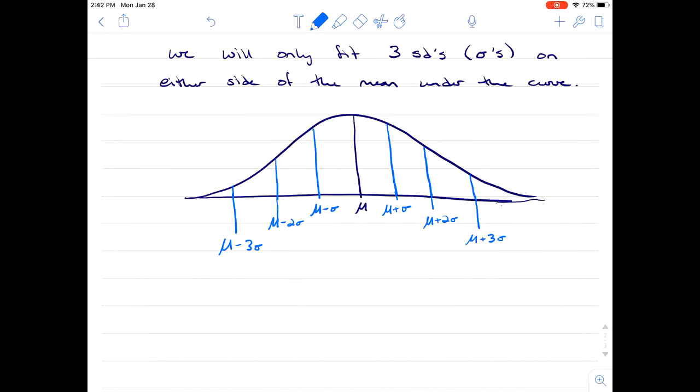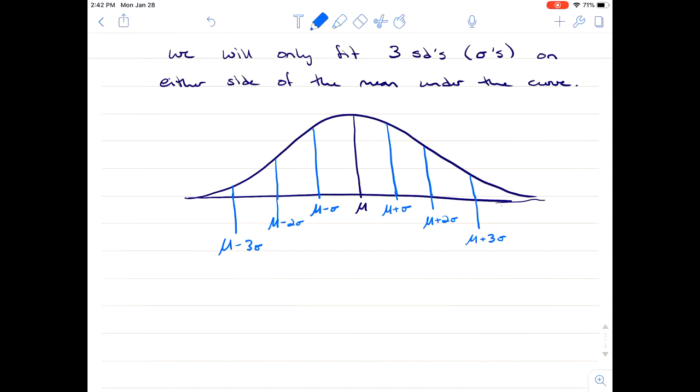Has anyone heard of 6 sigma? It's a secret society. No, it's not. It's a business thing, and I don't actually remember what it is. I think it's an efficiency thing.